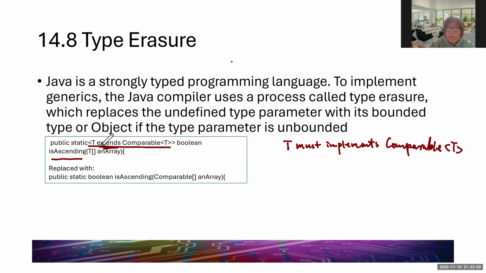So that's why here it says extends Comparable, and within the parameters just T, you don't need to repeat that. Then in this case, what's going to be replaced? Over here, we don't need the type anymore, just like a regular method. But within the parameter, you can just replace that T with Comparable, with its upper bound type.